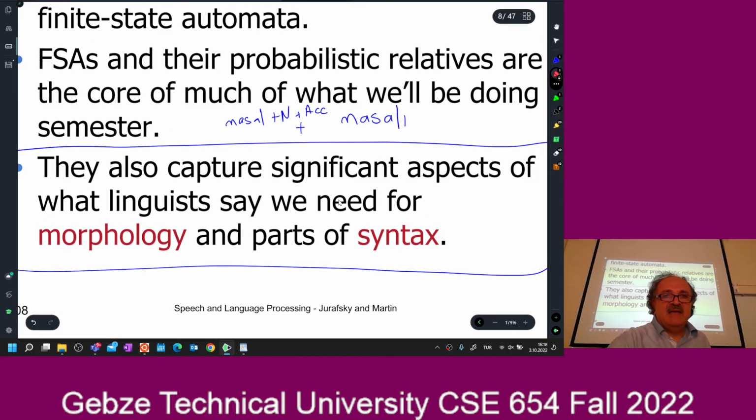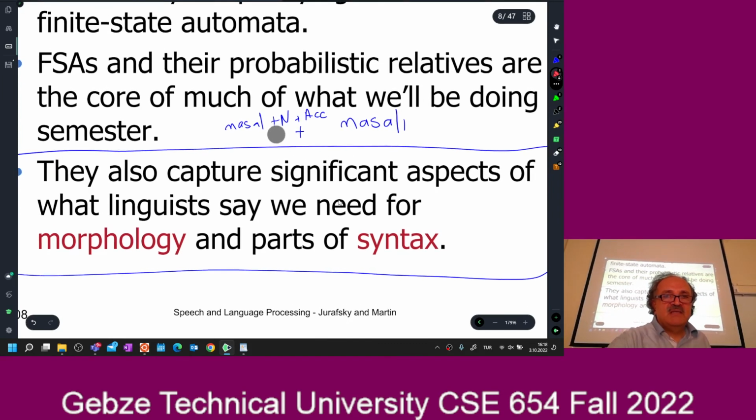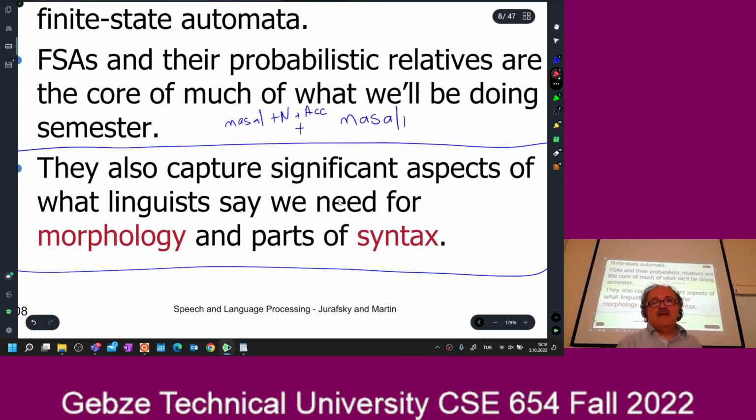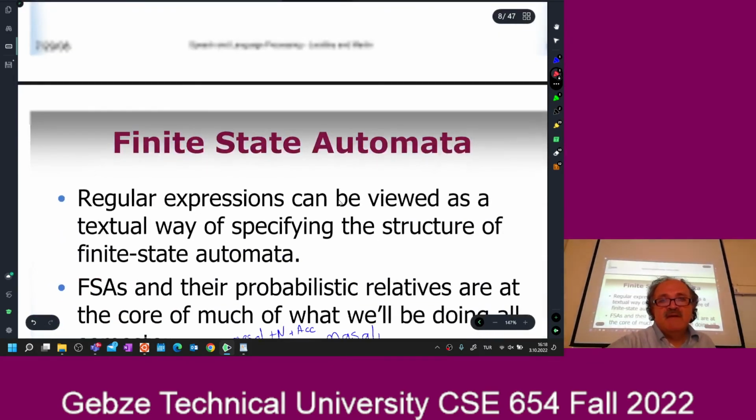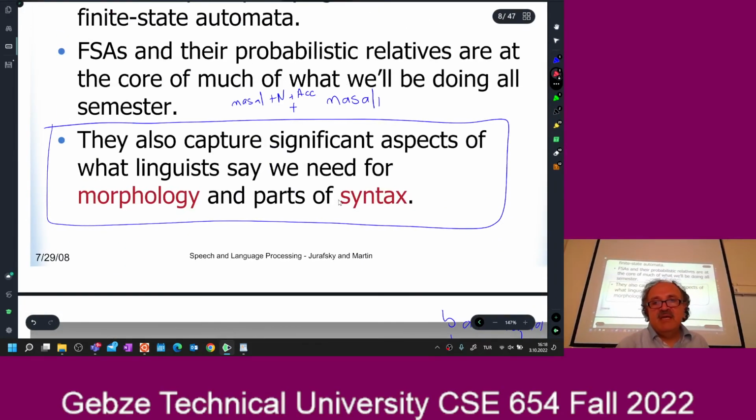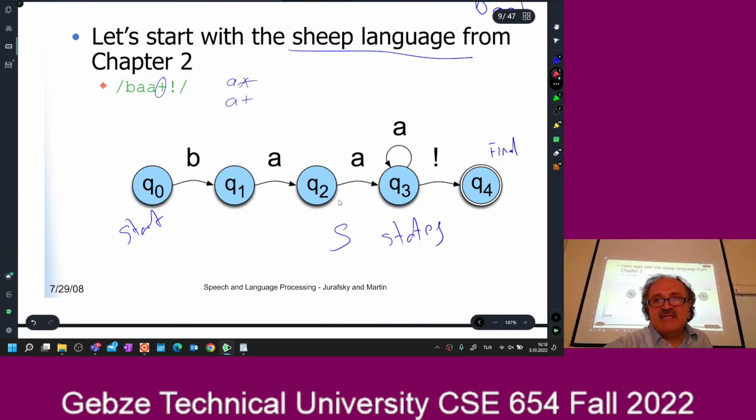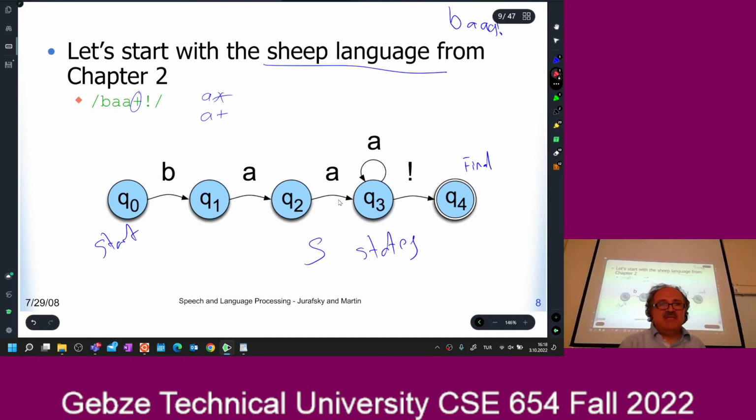Masal is the noun and root of it, plus there is an accusative suffix to it, okay? That's what we are going to do with the finite state automata. I'm going to run this finite state automata. It's going to give me one final result at the end. It's going to either reject it or accept it. There is very simple finite automata. Let's start with this one.